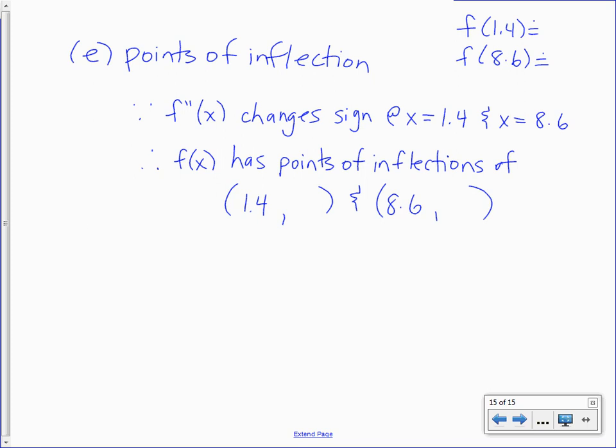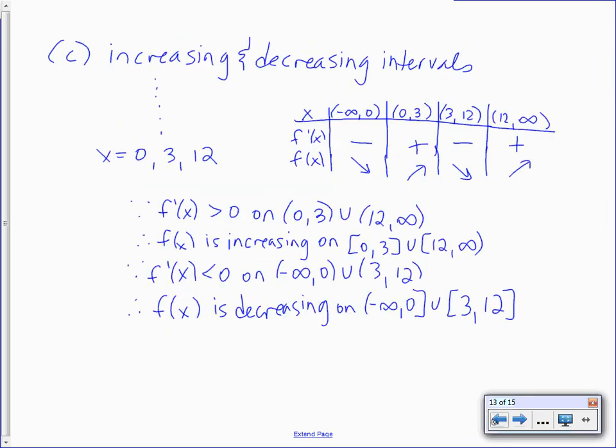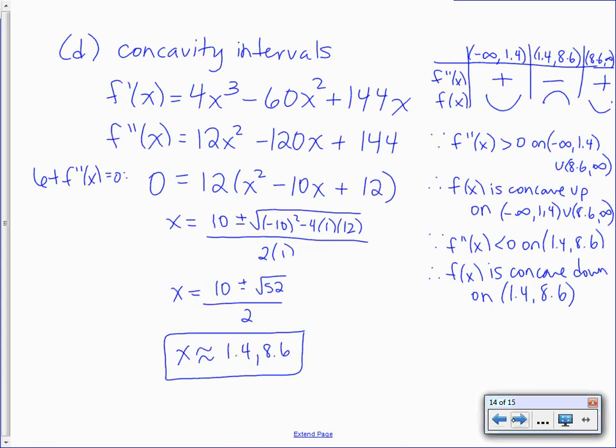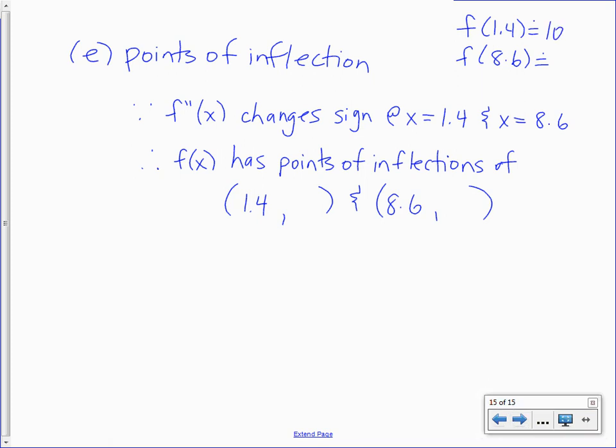So if I put 1.4 back into the original, so 1.4 to the 4 minus 20 times 1.4 to the 3 plus 72 times 1.4 squared plus 10, I just got 100.1.